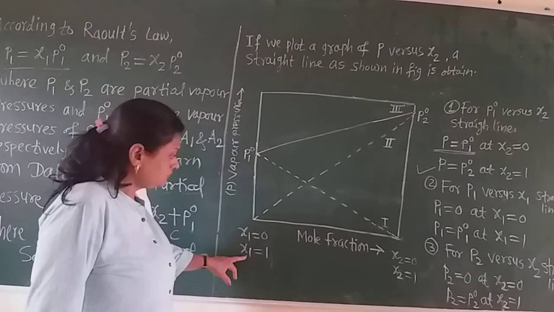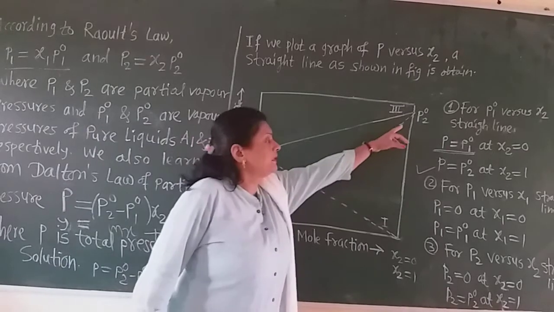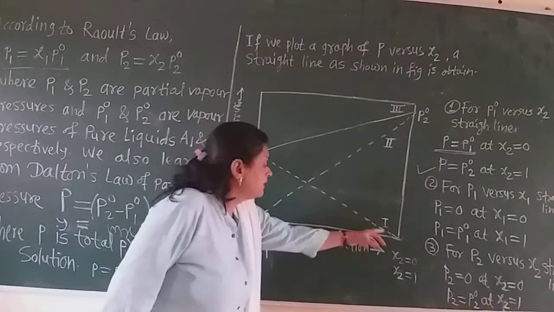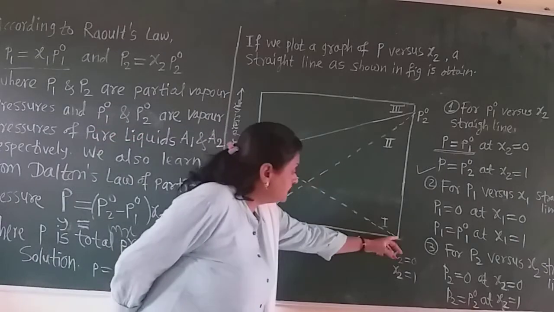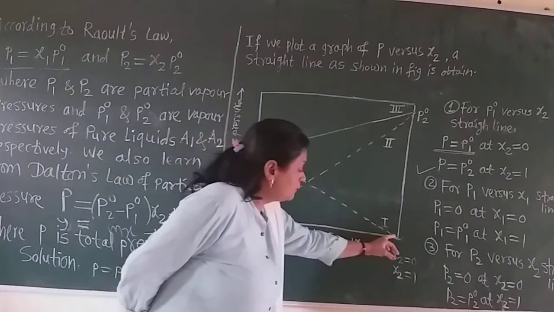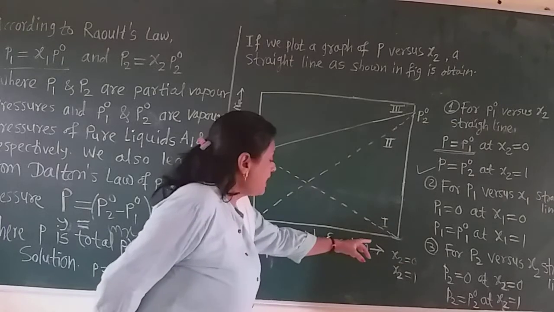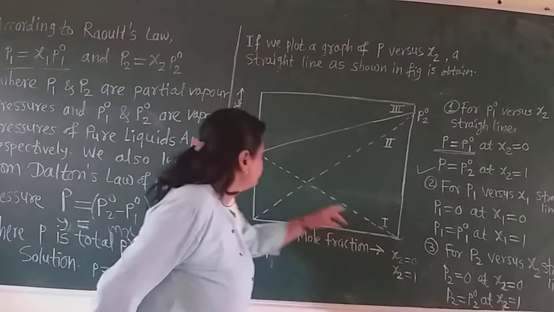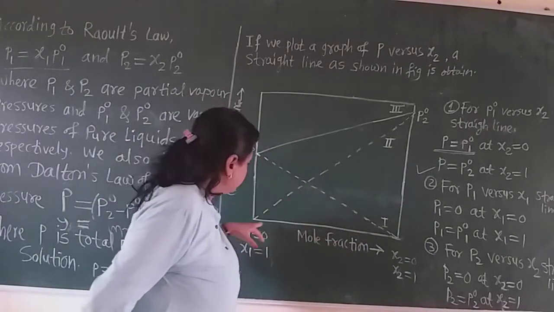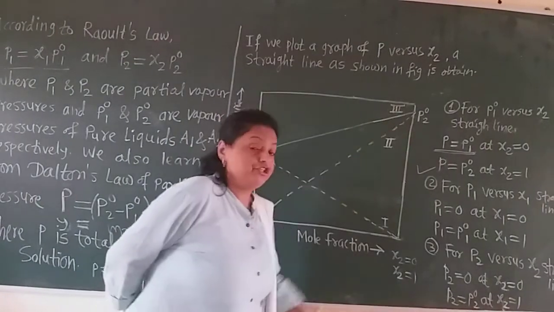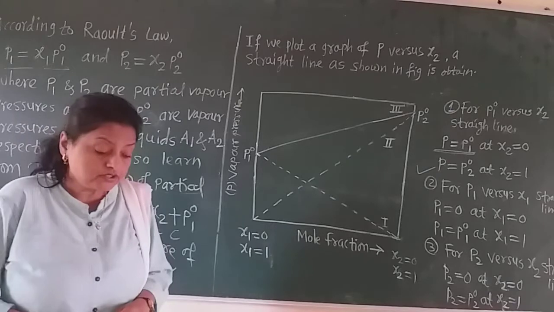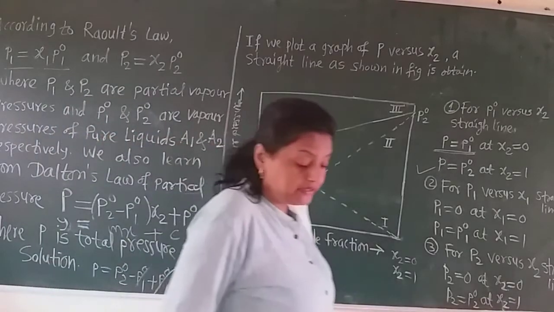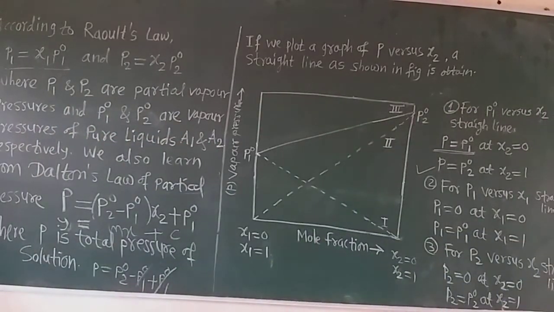Again for this graph X1 is 1, and for this graph X1 is 0. Again for this graph X2 is equal to 0, and for this graph X2 becomes 1. Now this is about Raoult's law and the graphical representation of Raoult's law.